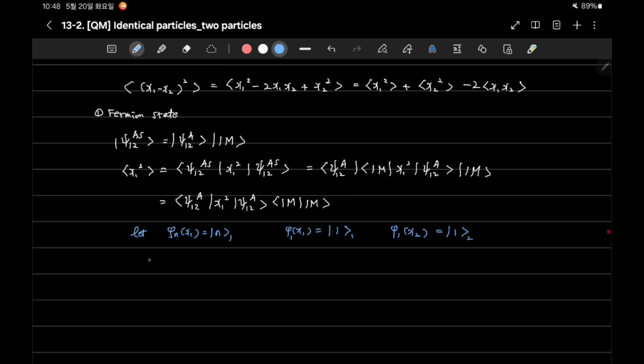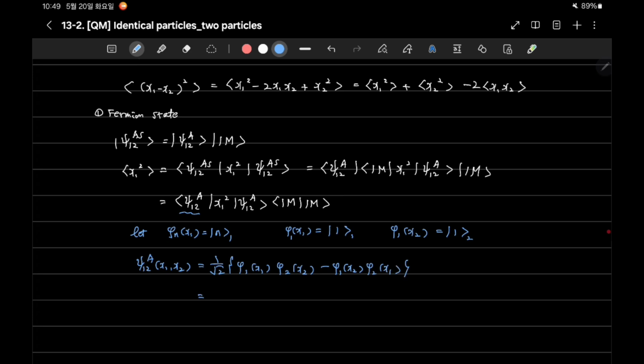So, when you write down the triplet state, psi 1 2 antisymmetric wave function of x1 and x2, we already know that it is 1 over square root 2, phi 1 x1 phi 2 x2 minus phi 1 x2 phi 2 x1.